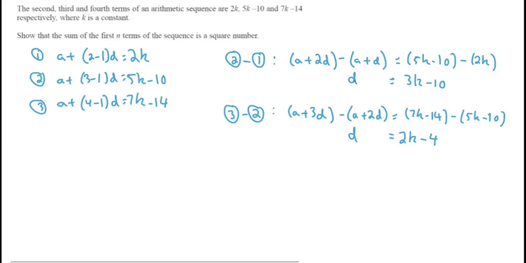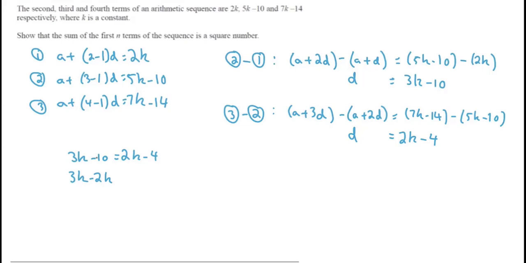Now what we can do at this point, because both of these expressions are equal to d, which makes sense because there's going to be a common difference between these terms, is that 3k minus 10 has the same value as 2k minus 4. Here we can just solve algebraically. So if we bring the k's onto the same side and non-k's on the same side, this gets us 3k minus 2k on the left, because when you move something over the equals sign, its sign changes.